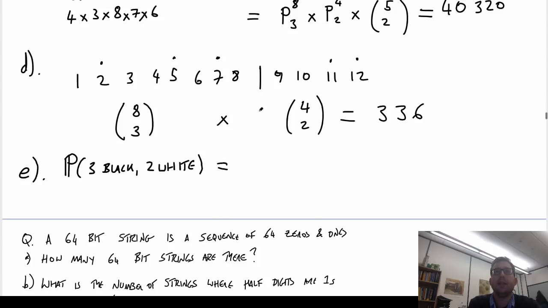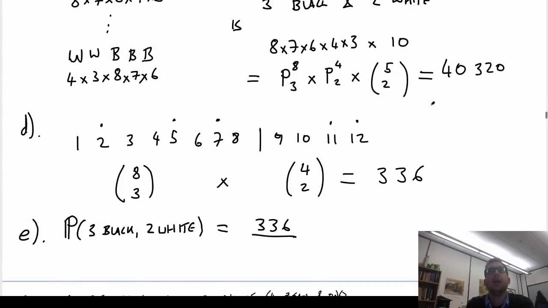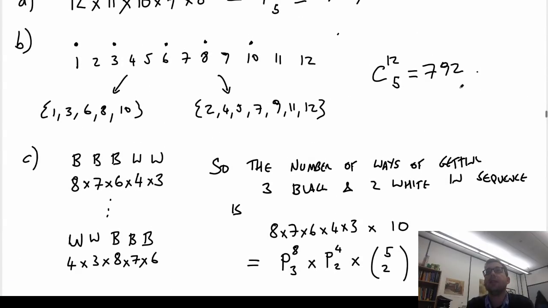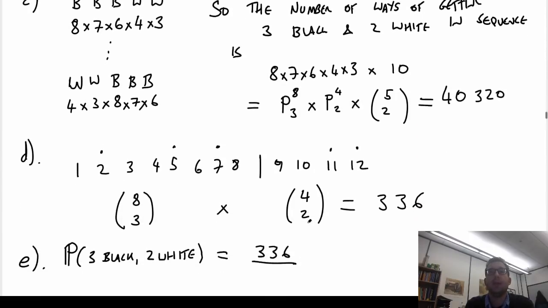So one way is it's the number of sets where there's 3 black and 2 white, 336, divided by the number of sets of size 5 that I can take out, 792.